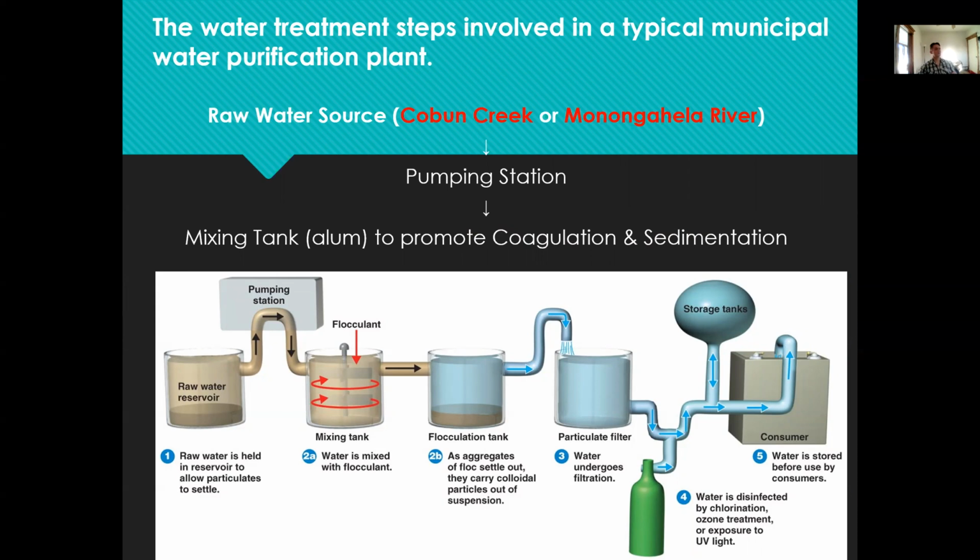So essentially in colloidal chemistry, flocculation refers to the process by which fine particulates are caused to clump together into a flock. You have all these small particles being grouped together into larger clumps or flocks. And then these super small particles can then be removed.